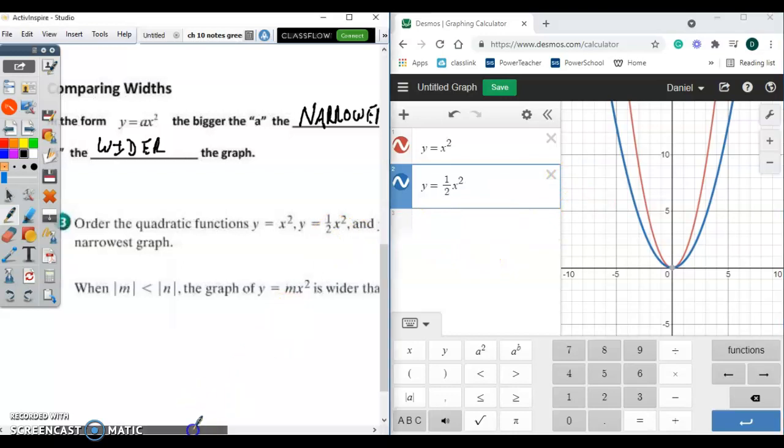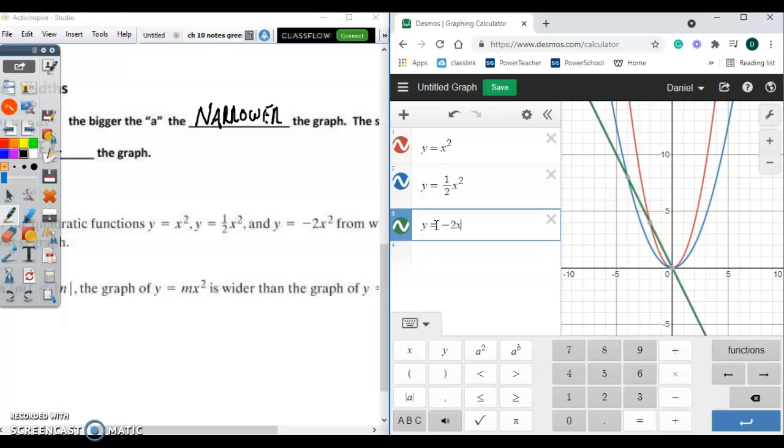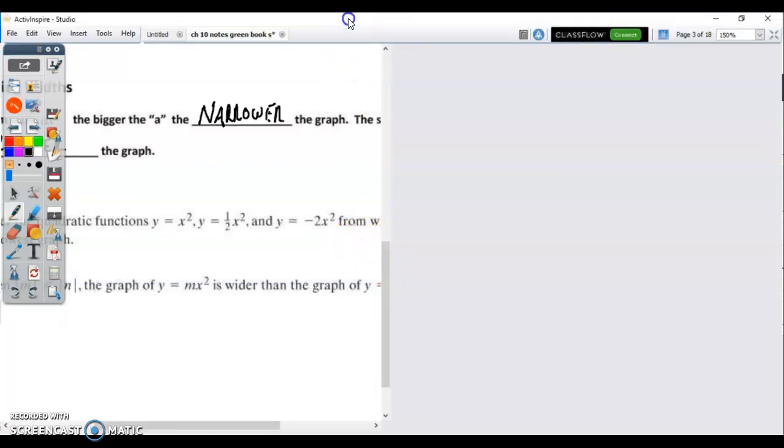And then this third example, we have y equals negative 2x squared. Now negative 2, remember, should be opening down because of the negative. So y equals negative 2x squared. All right, so I'm going to make this bigger in a second here.